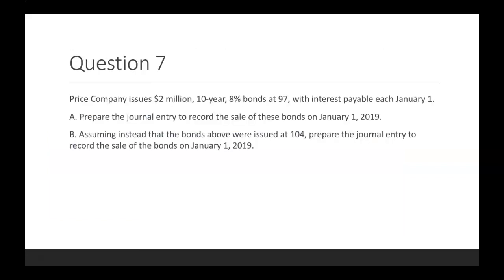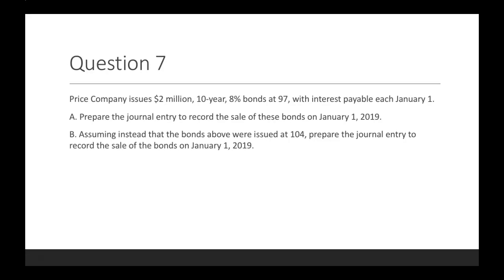Now our last problem here says Price Company issues $2 million 10-year 8% bonds at 97 with interest payable each January 1st. So Price Company's issuing these bonds, right? So let's break down what it says up in that problem before we look at parts A and B. $2 million, that's the face value of these bonds. 10-year, that's the term.